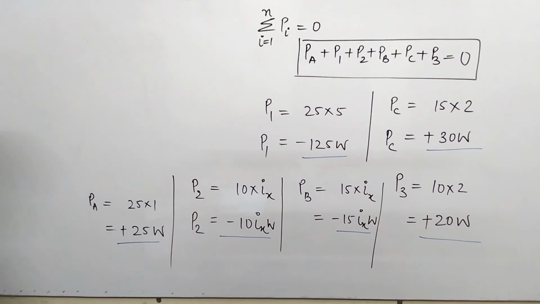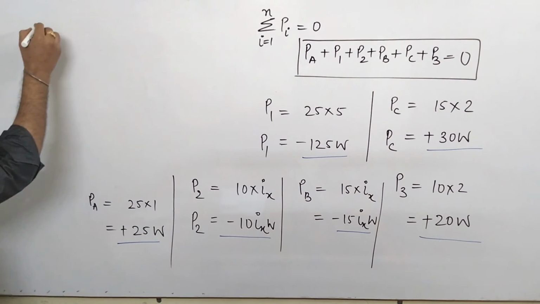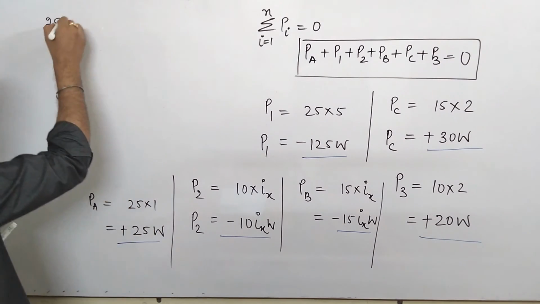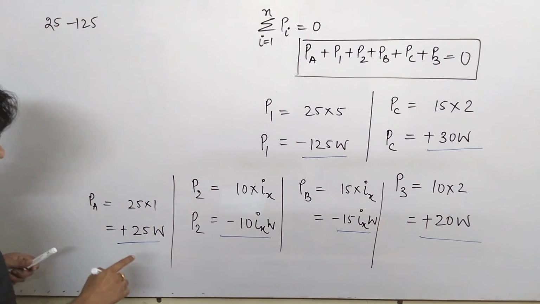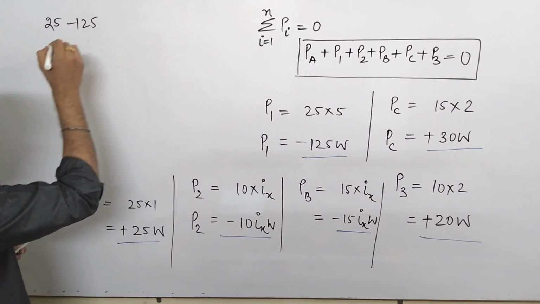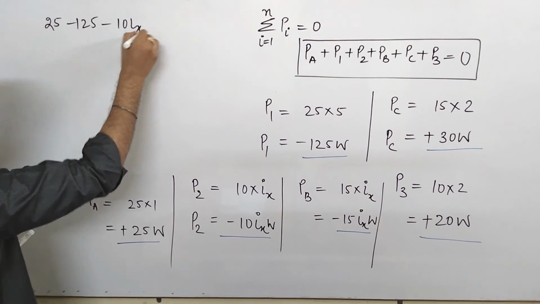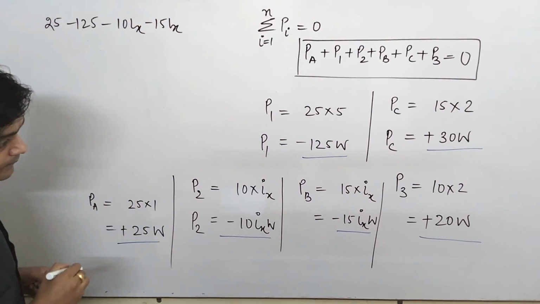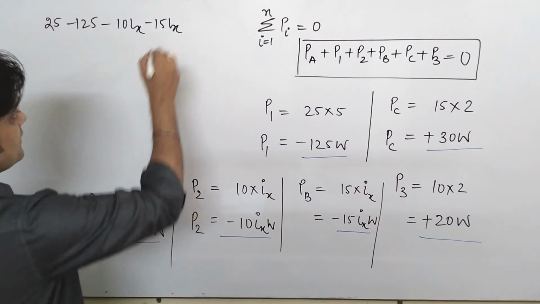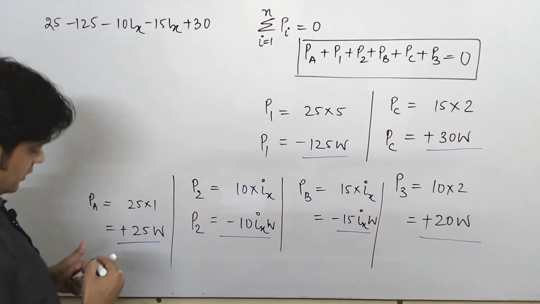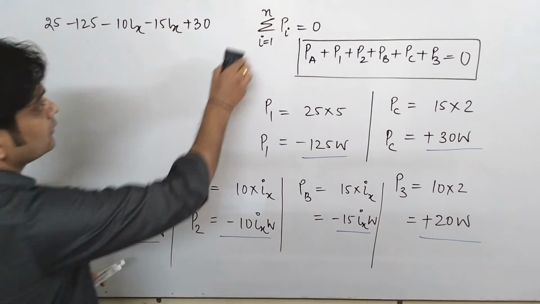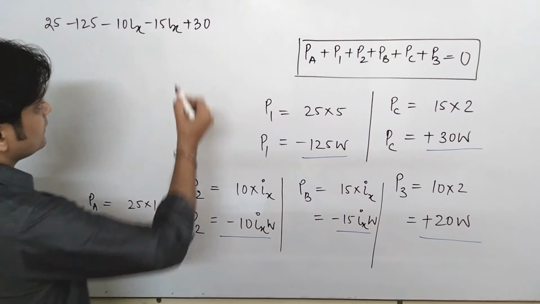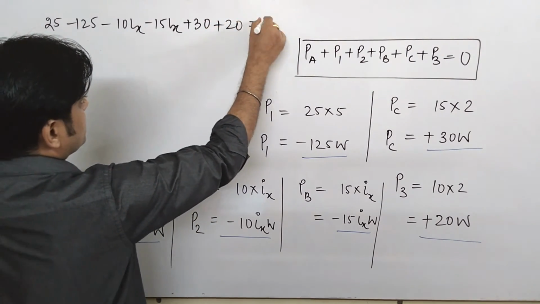It is PA, that is 25, P1 it is minus 125, then P2 it is minus 10 Ix, then PB minus 15 Ix, okay, then PC it is plus 30, then P3 it is plus 20, that comes to be 0.